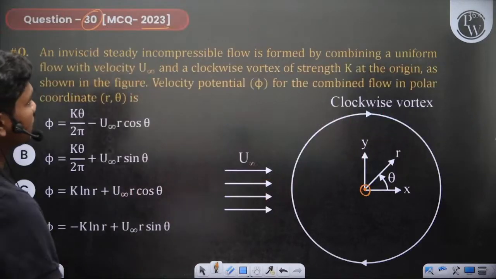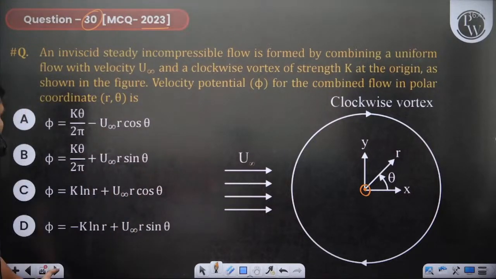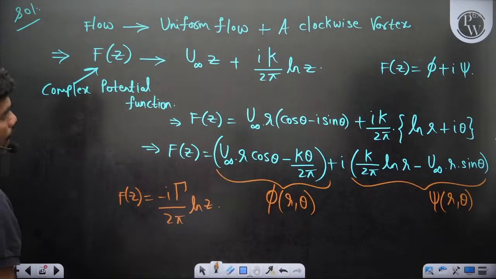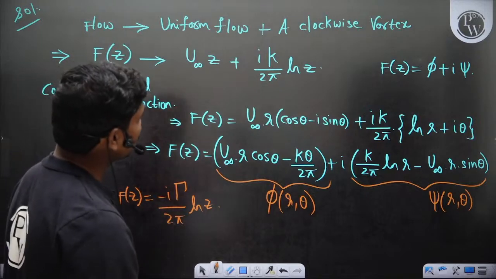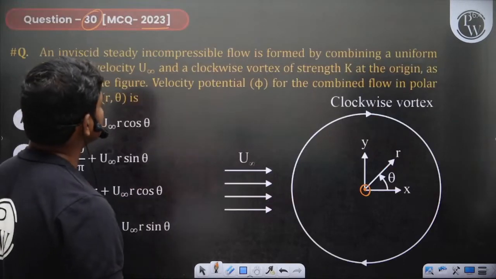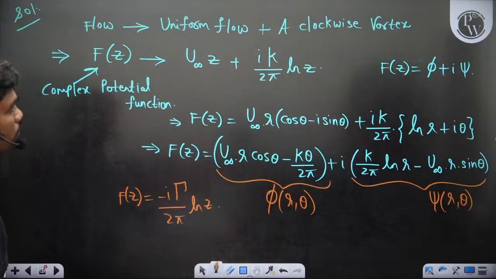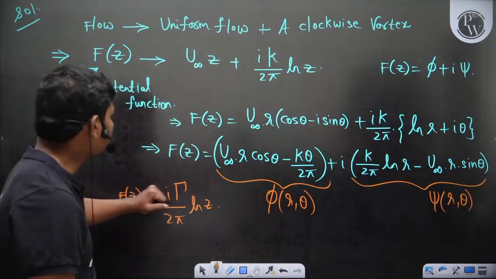Okay, and you have the clockwise vertex, so u infinity r cos theta, there should be a minus, no? It's a clockwise vertex, so plus ik, why is 1 minus sign coming different?